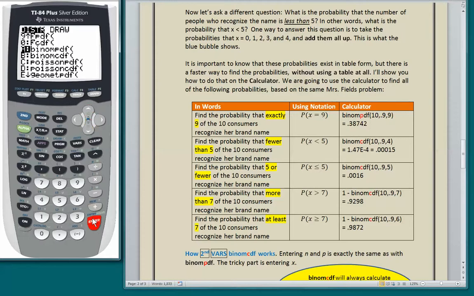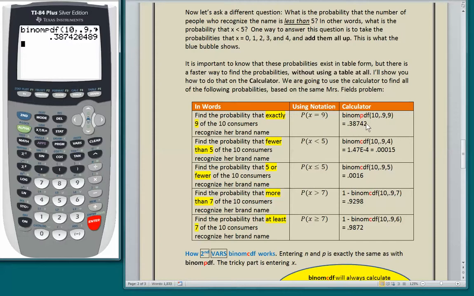I'm going to choose Binomial PDF, and then I'm going to put in, just like it says here, N, P, X: 10, 0.9, and 9. Hit enter, and there's our 0.38742.